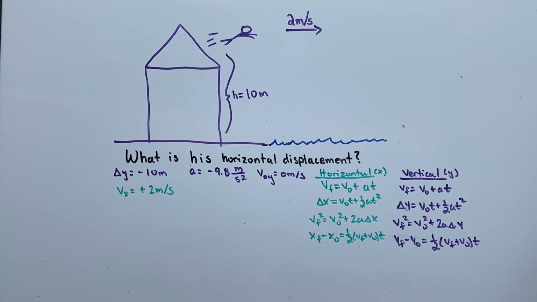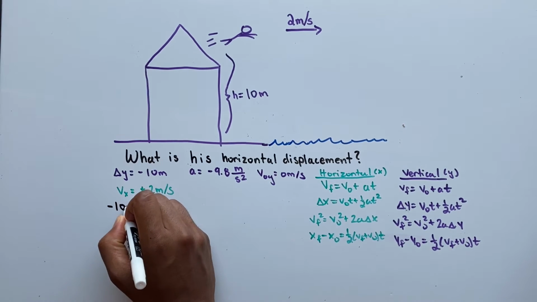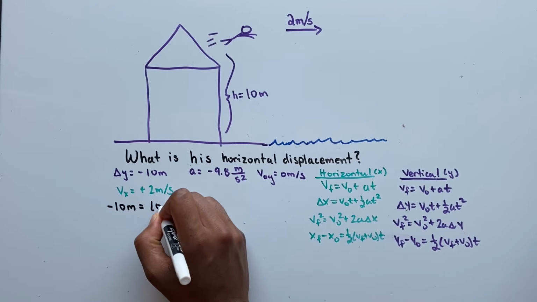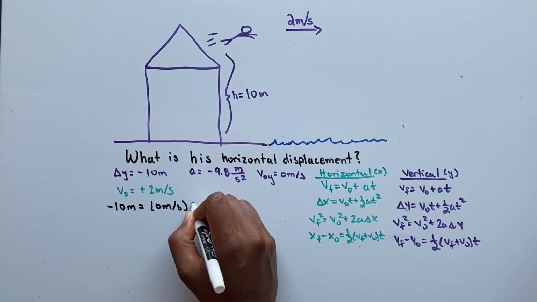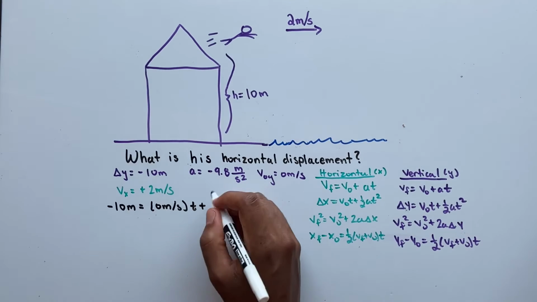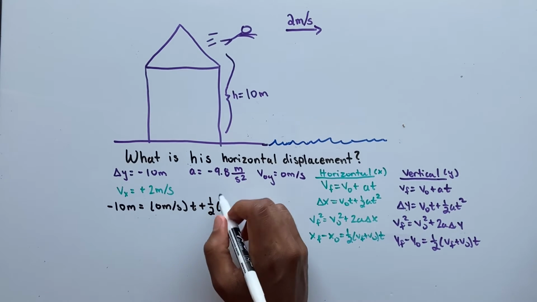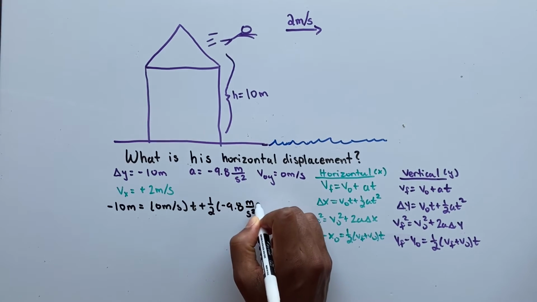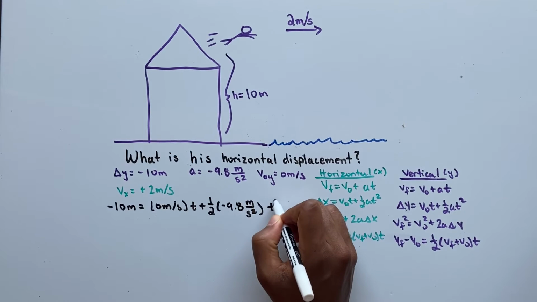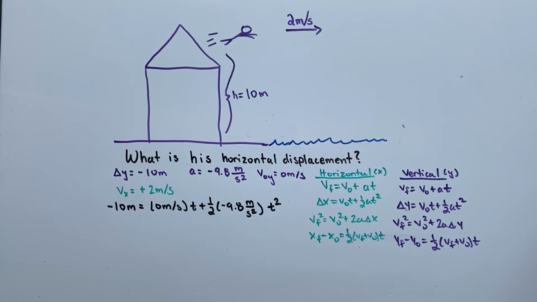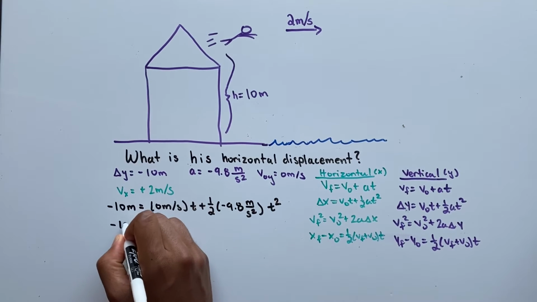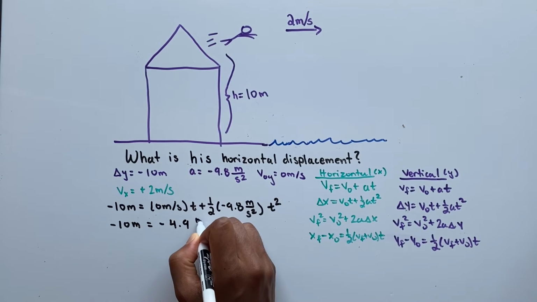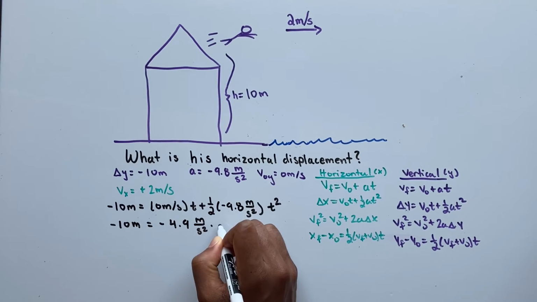So we plug in the values: negative 10 meters equals our initial velocity times our time, so that's 0 meters per second times our time, plus 1/2 times our acceleration, so 1/2 times negative 9.8 meters per second squared, times our time squared. We can simplify and we will get 10 meters equals negative 4.9 meters per second squared times our time squared.